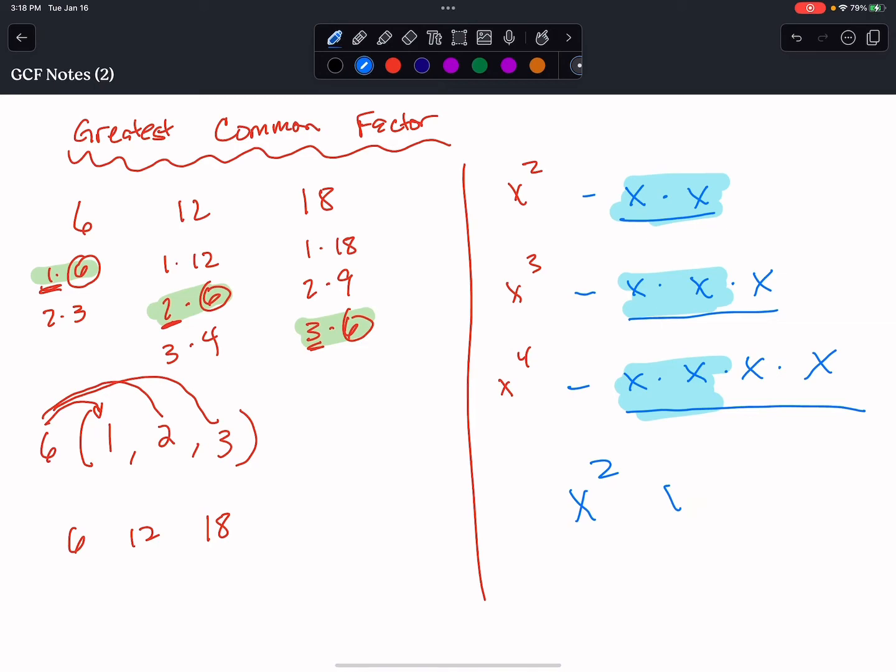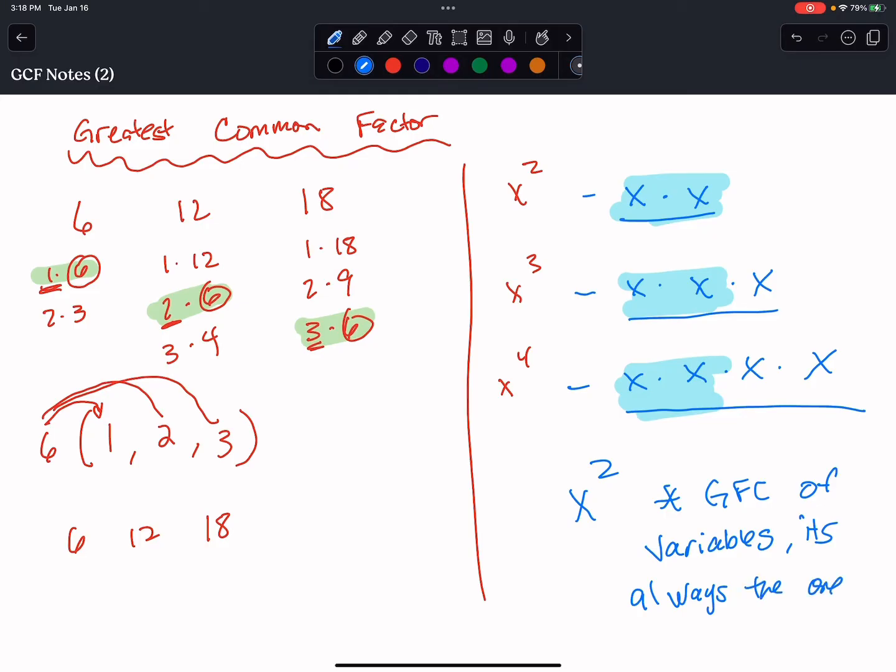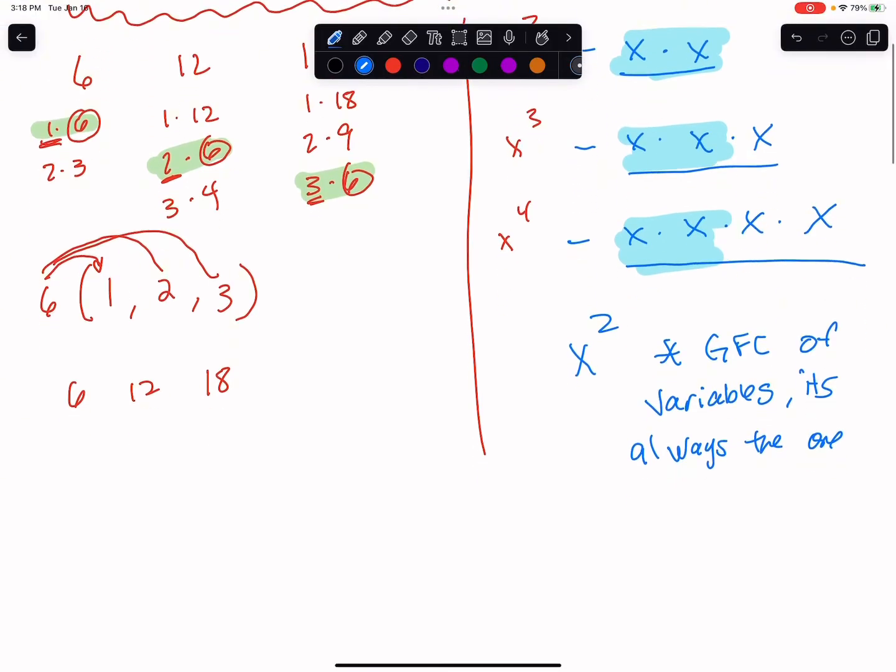Here's the hint. When you're doing greatest common factor of variables, it's always the one with the smallest exponent.